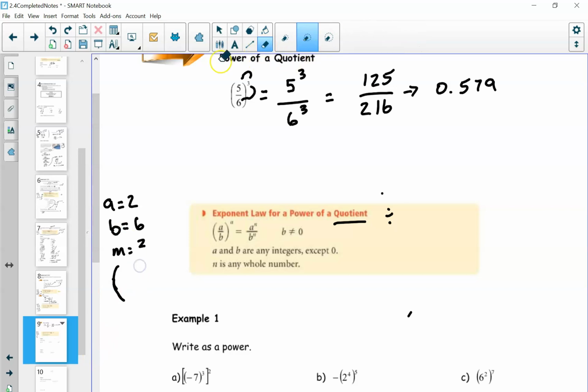There we go, that's what the example is for in the first place. So we had 2 over 6, and I probably should simplify that, to the power of M, which was 3, I believe. What that really means is 2 to the power of 3 over 6 to the power of 3.